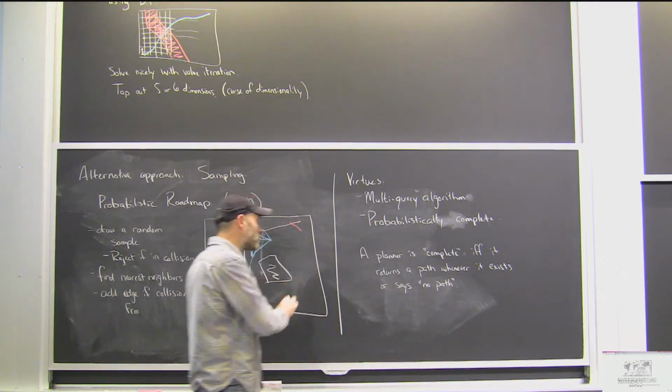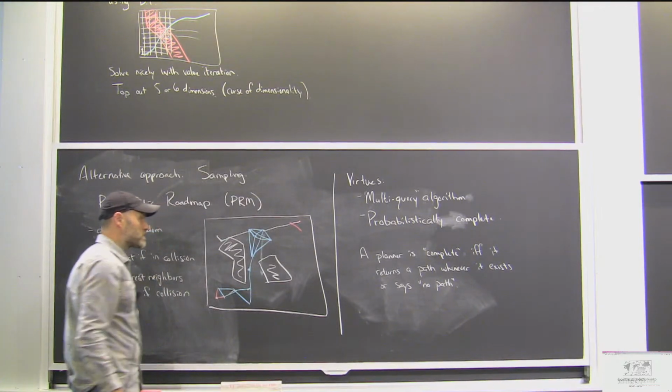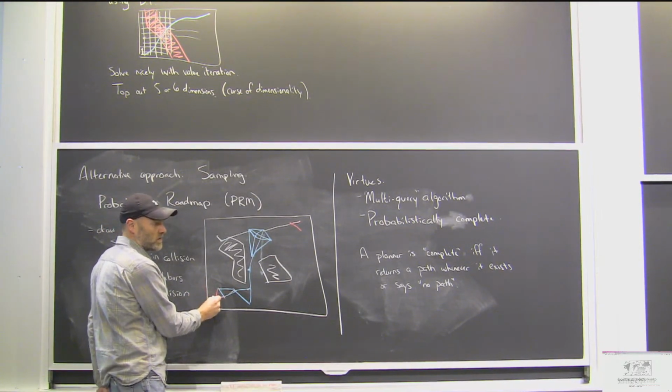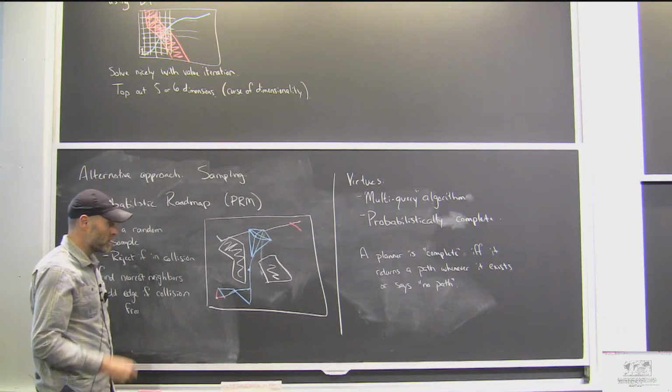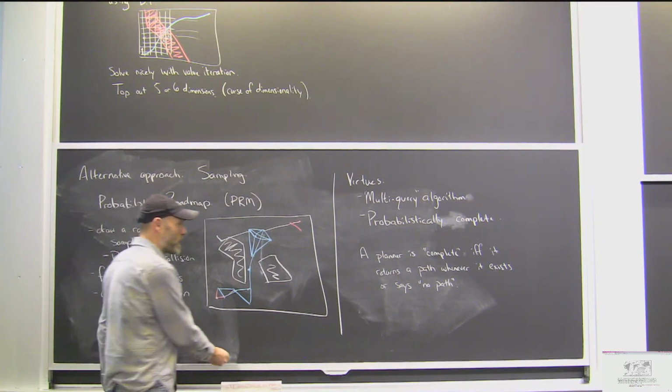Given a start and a goal and some configuration space obstacles, then it will say, yes, here's a path. No, there is no path.